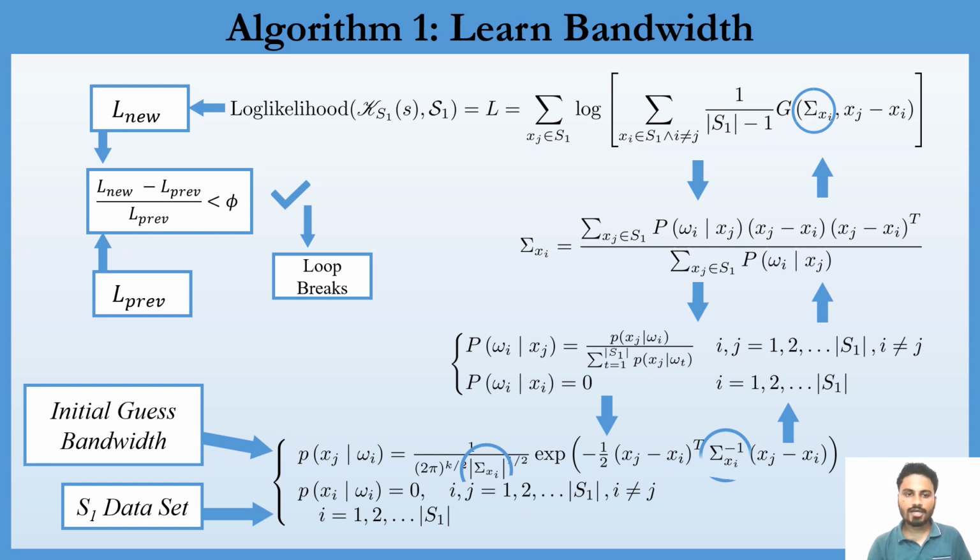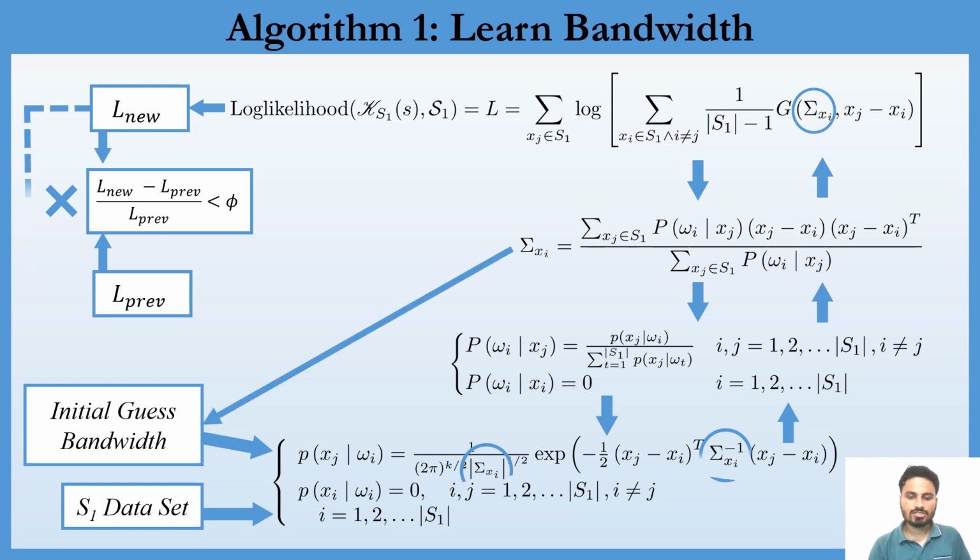But if we don't break out of the loop, we store the L new value into the L pre variable and go for the next iteration. For the next iteration, we have these bandwidths with us, which we have calculated in this iteration. So we use this bandwidth for the next iteration, again calculate small p, and again calculate all the things for the next iteration, and do this until we break out of the loop.